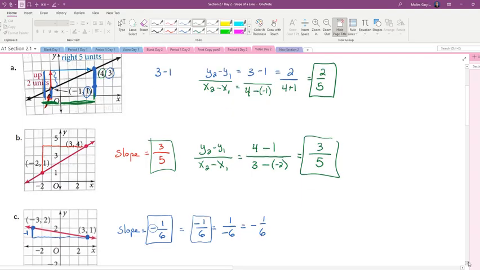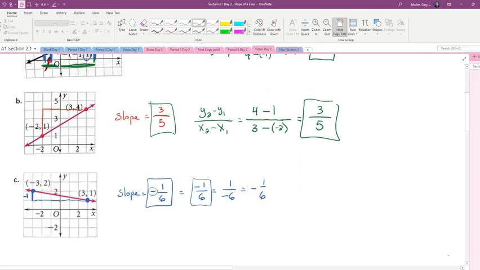And then finally, if we do y2 minus y1 over x2 minus x1, then I've got a height of 1 minus, where do we start? A height of 2, over 3 minus, and where do we start?